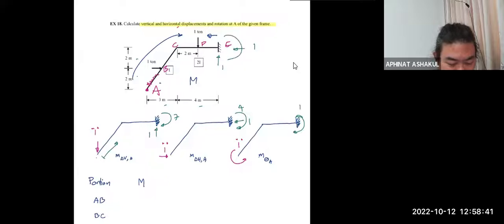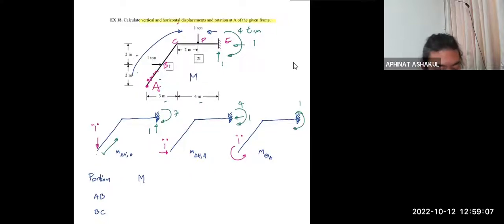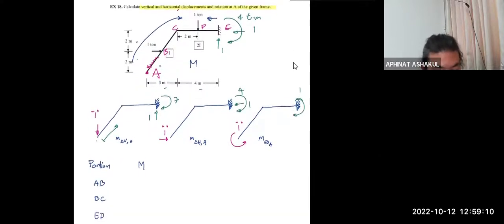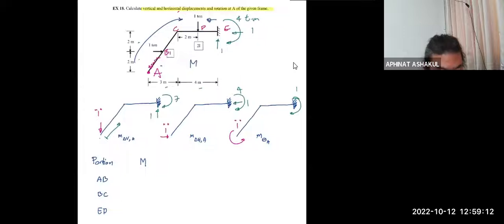So the moment here should be equal to the horizontal force couple, they generate 2, right? And this generates another 2, so that is 4 unit meters, right? If you don't see this, just take sigma ME equal to 0, you see. Okay? So that means AB, come back to AB for the actual location. That's the most difficult one because you can't believe it's zero, right? But it is.